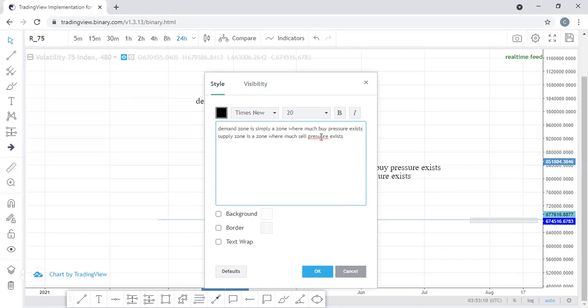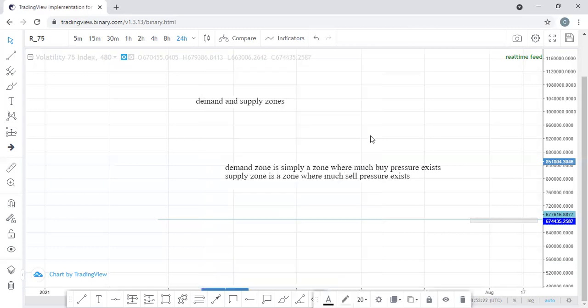So this is how to simply define it. It's a zone where you see much buy pressure, and a zone where much sell pressure exists. That is your supply zone.